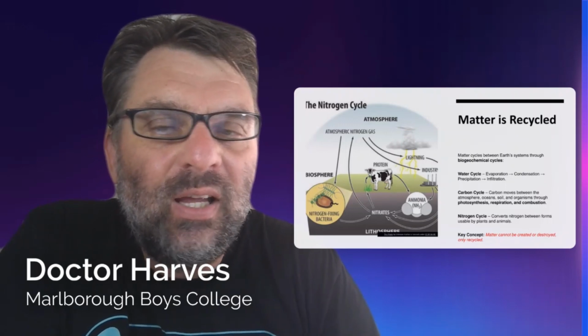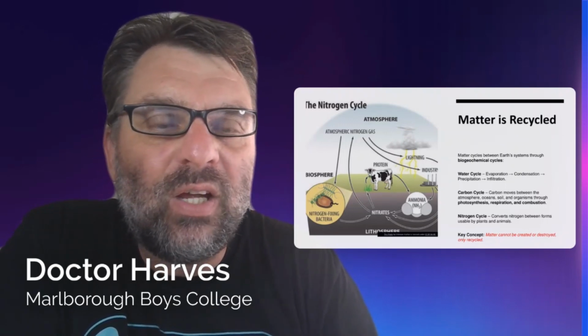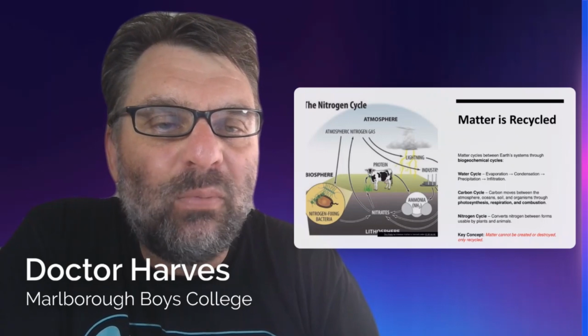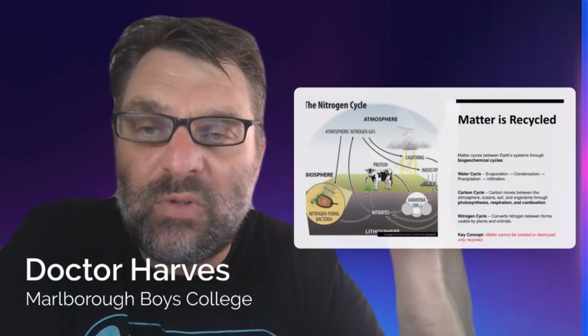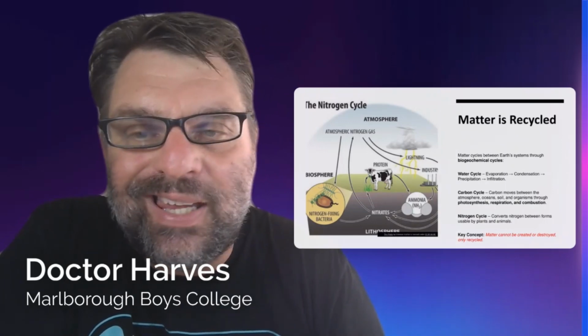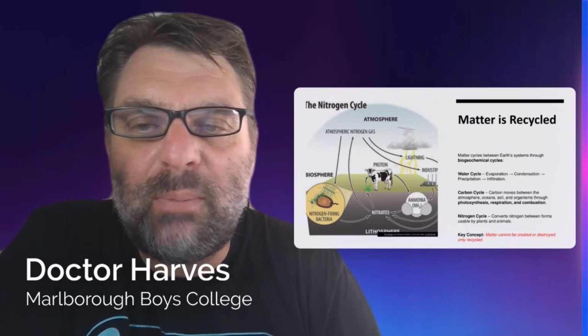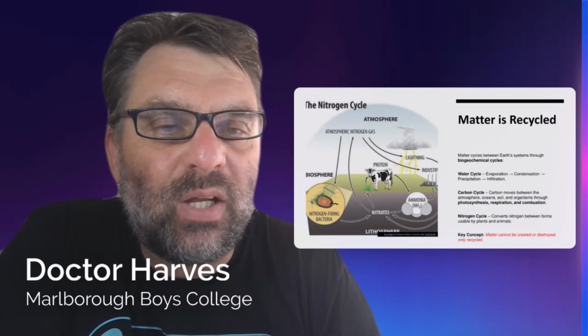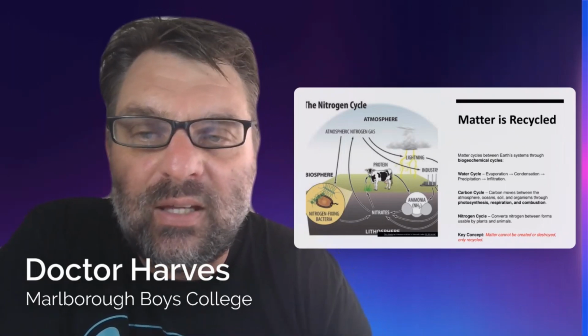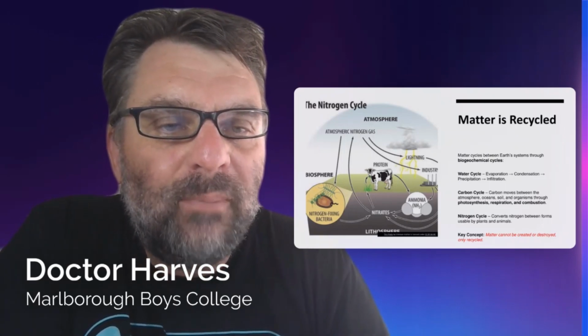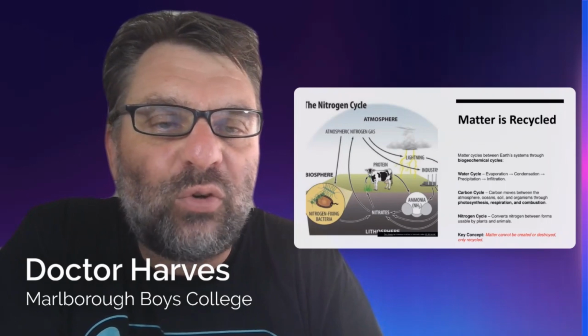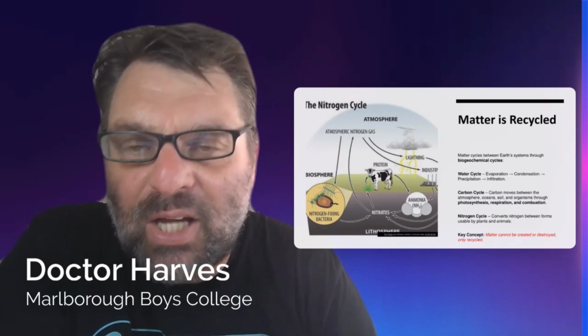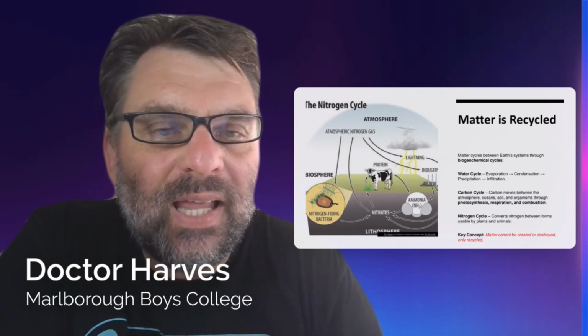The carbon cycle, another example of matter recycling, is where carbon moves between the atmosphere in terms of carbon dioxide, oceans, again in the form of carbon dioxide, and also deposition in seashells, for example, and coral, and into the ocean floor, soil, and organisms in the biosphere through photosynthesis, respiration and combustion, which we'll explore in more detail later.